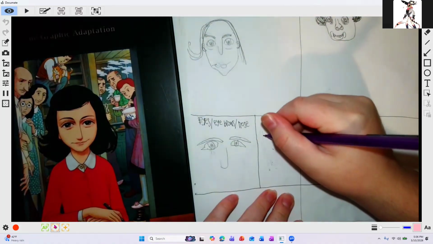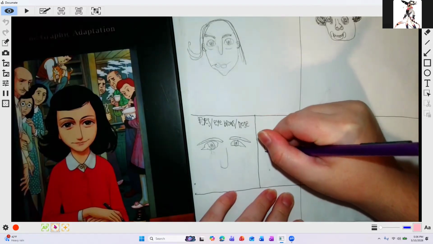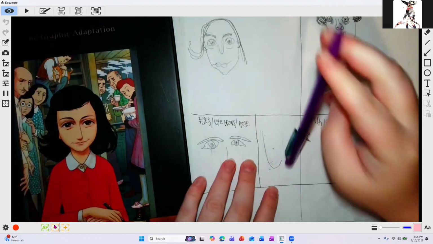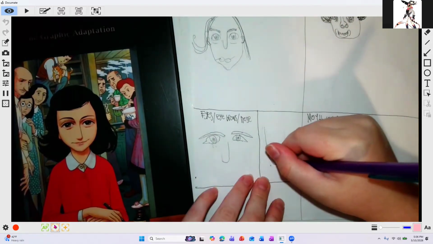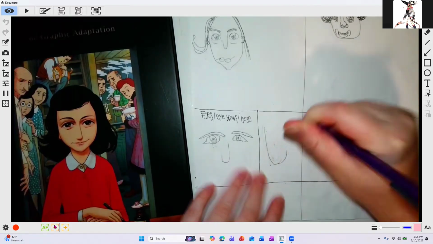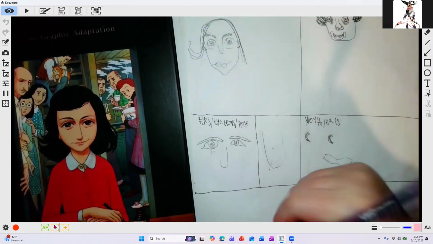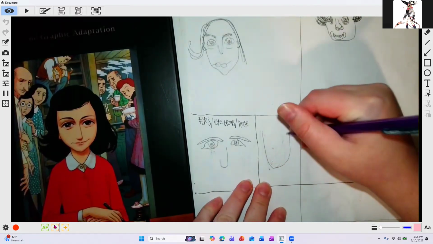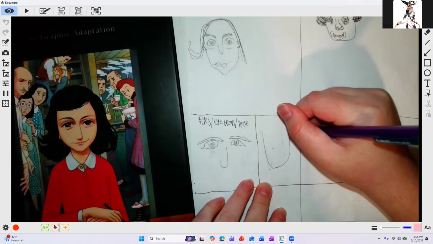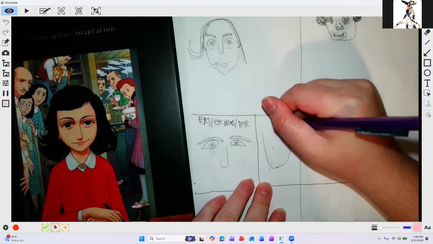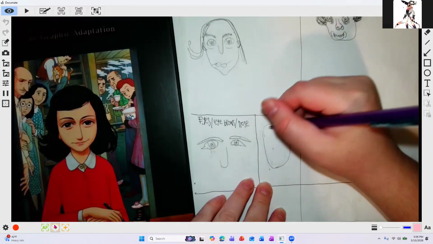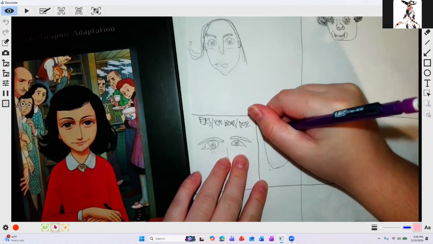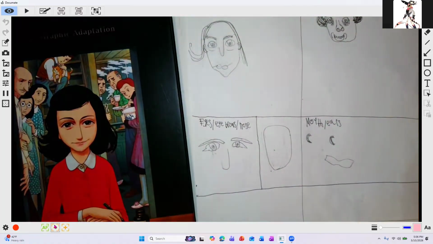There we go. A lot better. Okay. You can see the triangle chin aspect is there.